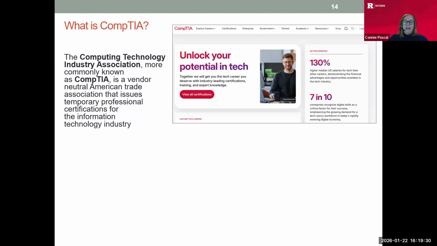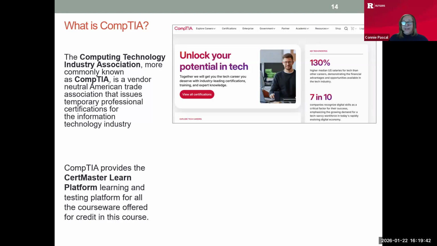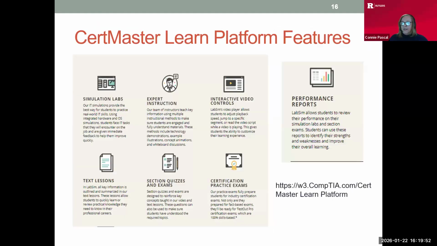It's very well known, and they also provide, again, these industry recognized certifications such as A+, Security Plus, Network Plus, etc. And again, they are the ones who provide the CertMaster Learn platform, and that's what you will be getting a license to, and where you'll be doing the work. That's what that looks like.